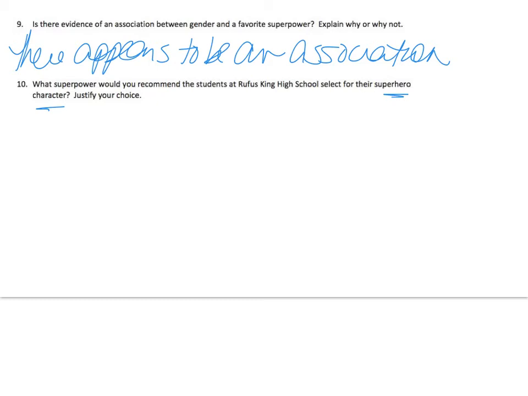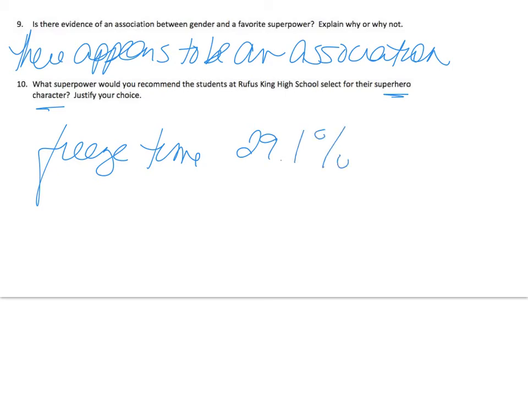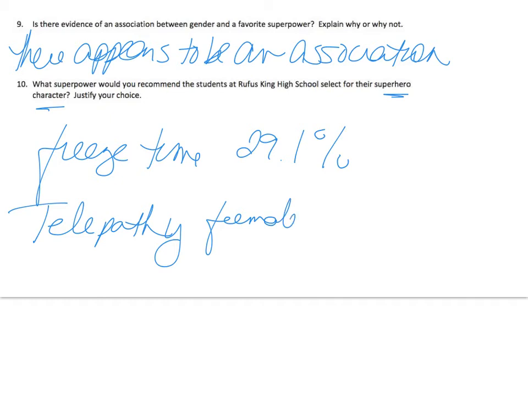If you did freeze time, you would get 29.1% of the entire population. But really, telepathy isn't that far off, except with telepathy, there are definitely more females than males that pick telepathy. So you could really argue anything as long as you give it a good justification.